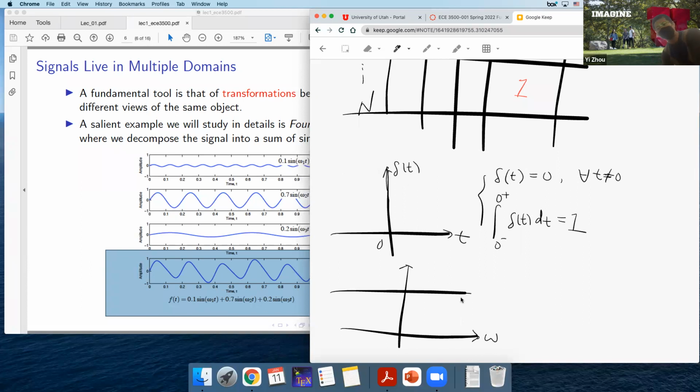It's a flat spectrum spreading over the entire frequency domain. So you need endless Fourier components to describe this signal, meaning that Fourier transform may not be efficient to describe it. Instead, looking at the time domain is already very efficient because the signal only locates at the original time point.